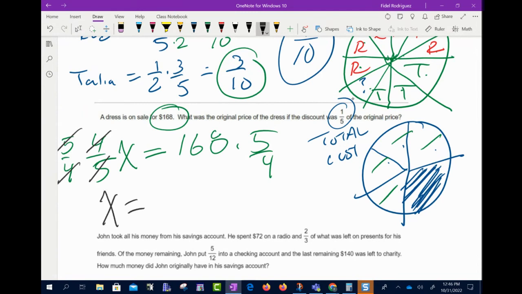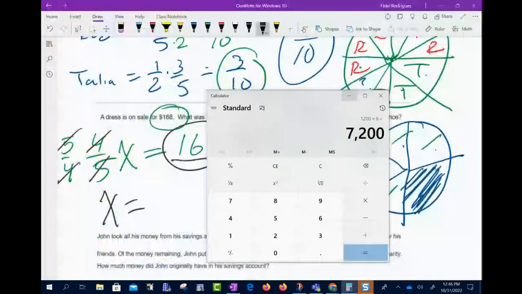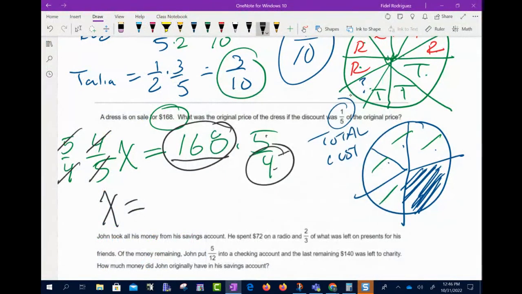And then, y'all, remember, when the number's on the bottom, that means that number is dividing. So I know that 4 does not go in nice and pretty into 5, but I want to know if it would go nice and pretty into 168, right? So I'd take my calculator, 168, divide it by 4, goes in nice and pretty, 42 times. So this is a 42.